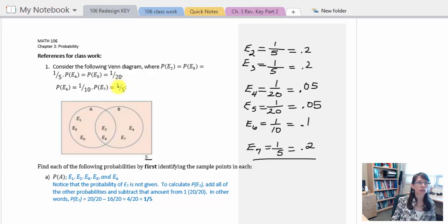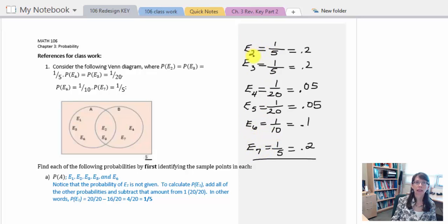We'll convert each of these fractions. So 1/5 really is 0.2, 1/20th is really 0.05, 1/10th is 0.1, and we have 1/5 again, so that's 0.2. And you'll notice that we only have points 2 through 7. E1 is not given, but we can calculate that.